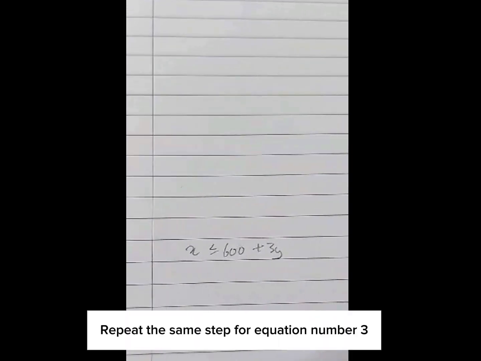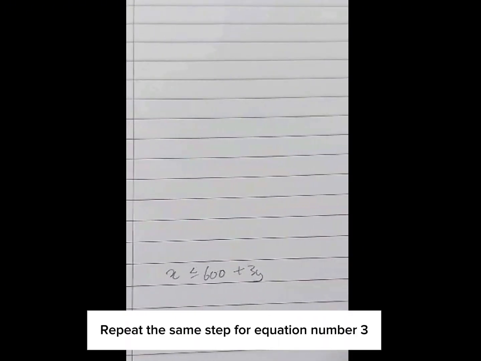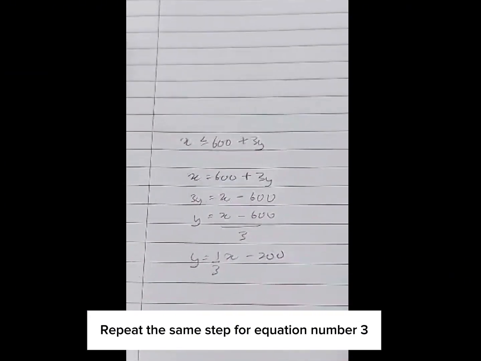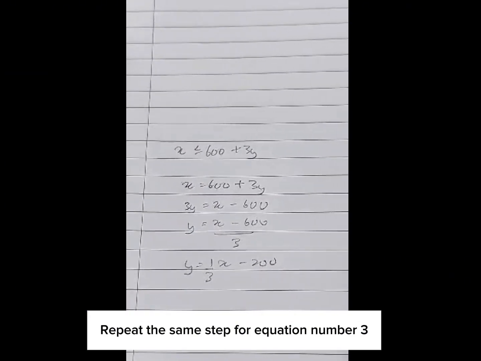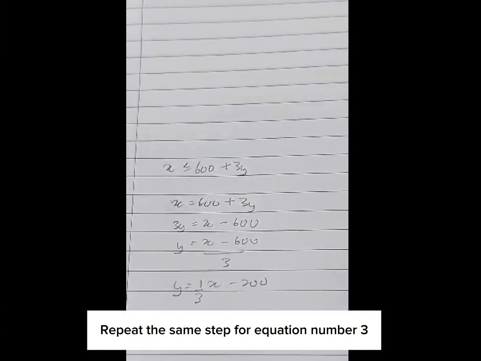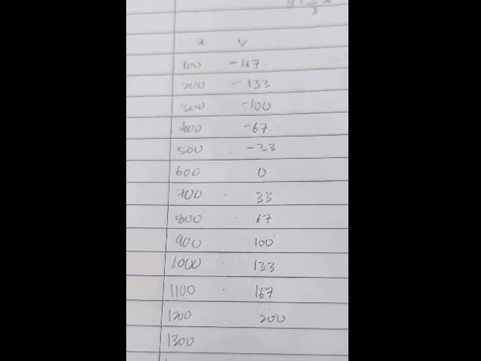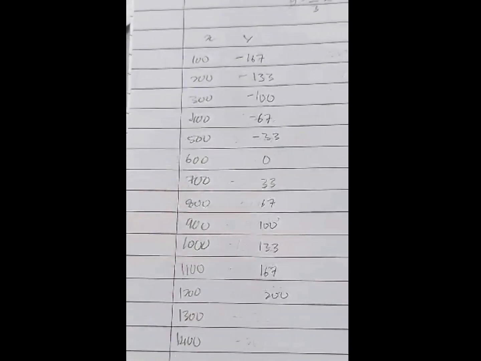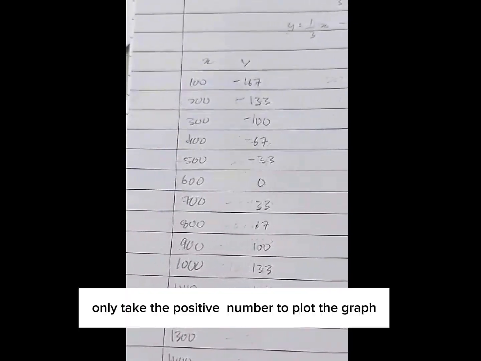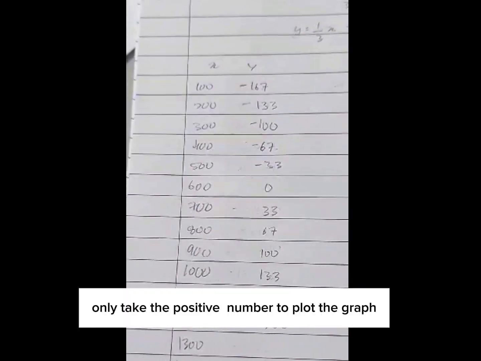Again, we make sure that Y is on one side. So if I leave Y on one side, it's going to be Y equal 1 over 3X minus 200. This is what I got from the calculation, and I'm going to take 600 until 1,200 because it's a positive number.